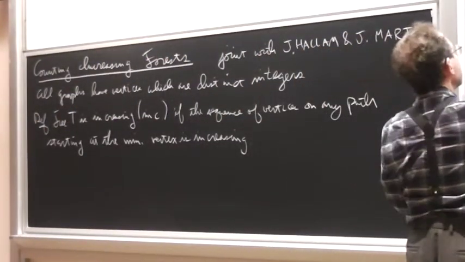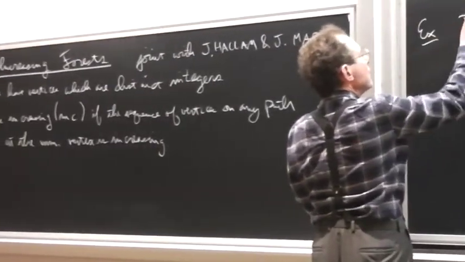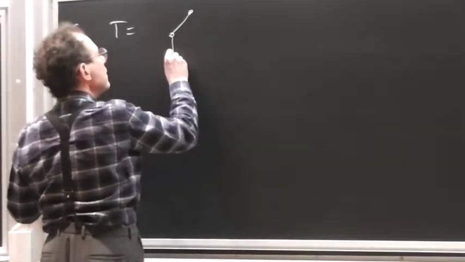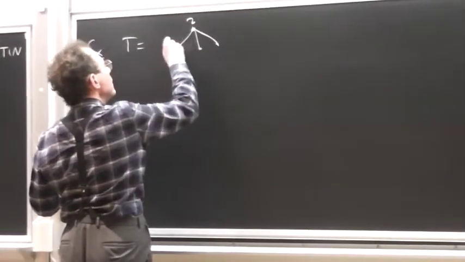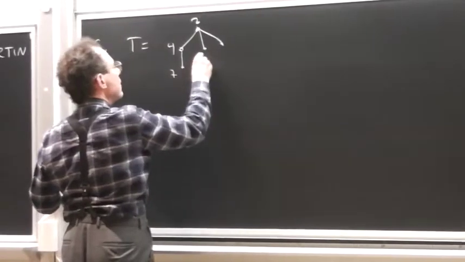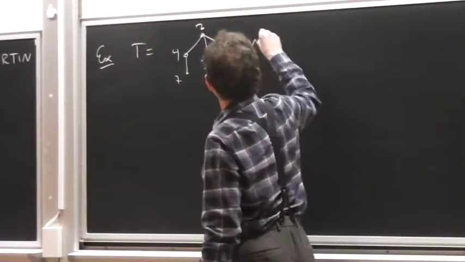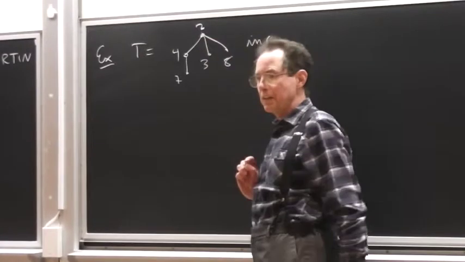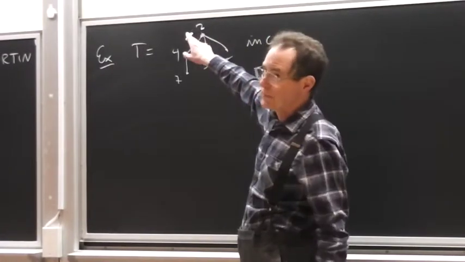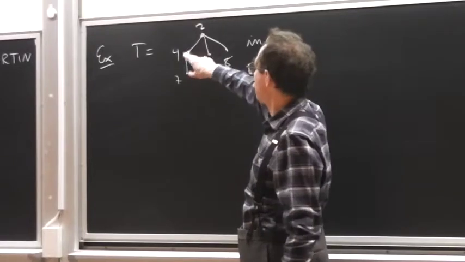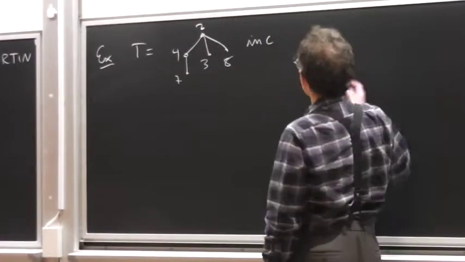So for example, that's clearly an increasing tree. These paths are kind of trivially increasing because you started at the minimum vertex after all. And this one is also clearly increasing.